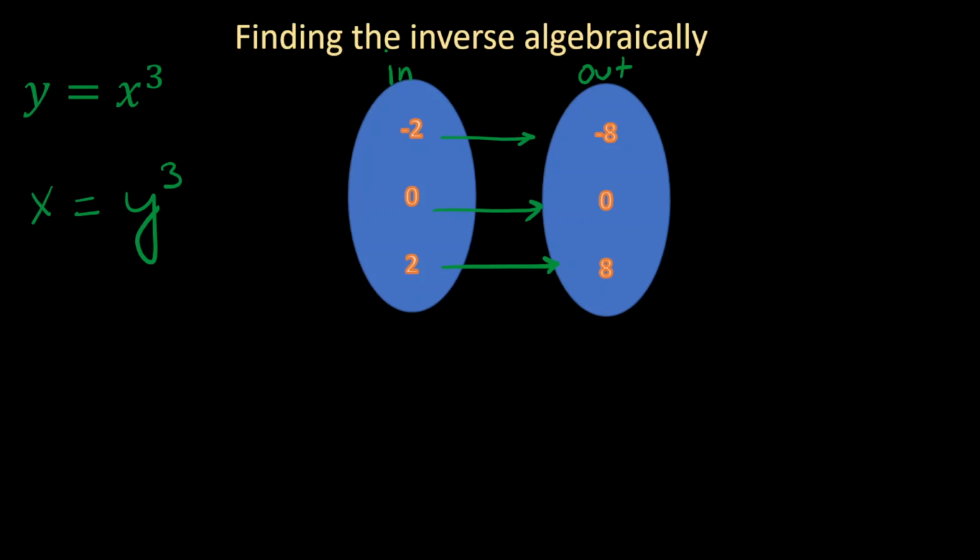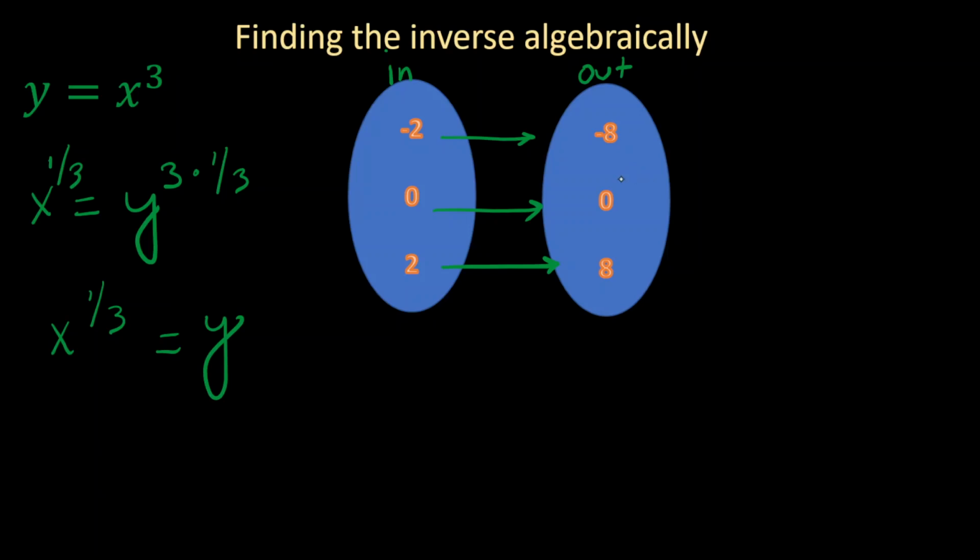So the way we can change it back to that form is to take each side to the 1/3 power. So x to the 1/3 and y cubed to the 1/3. So now we get x to the 1/3 equals y.